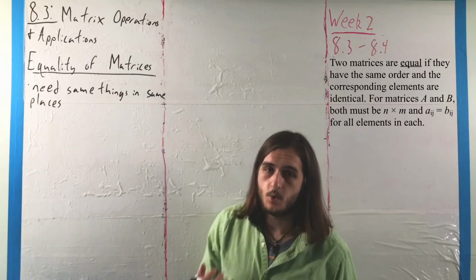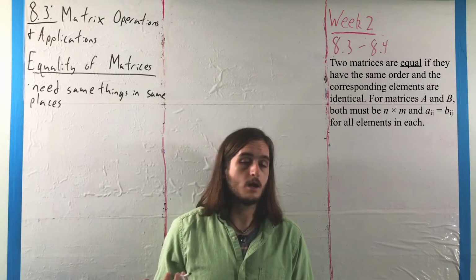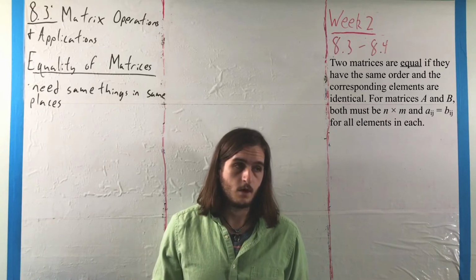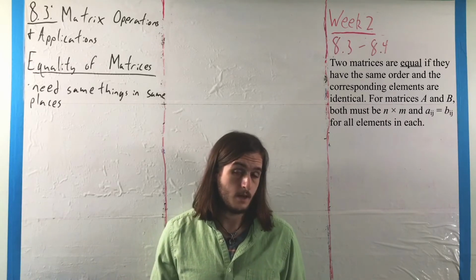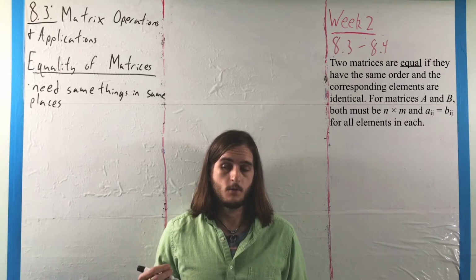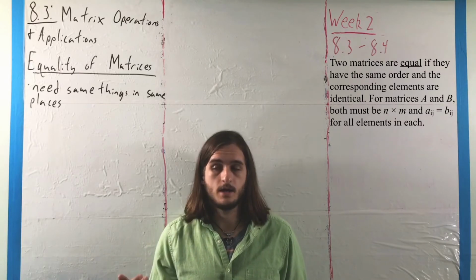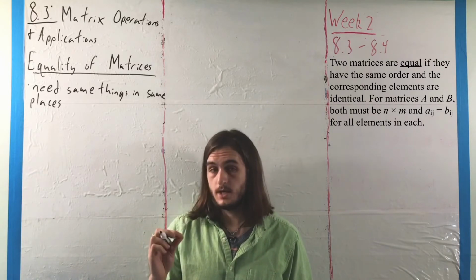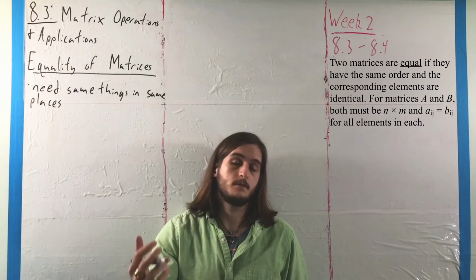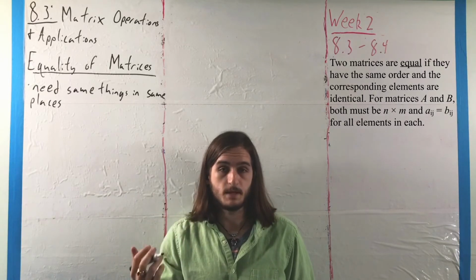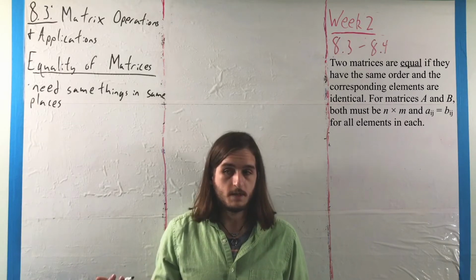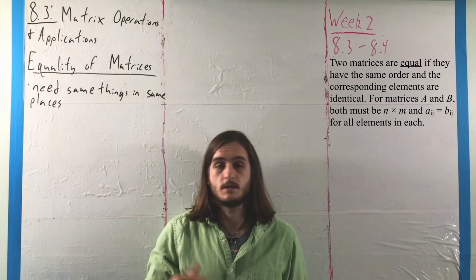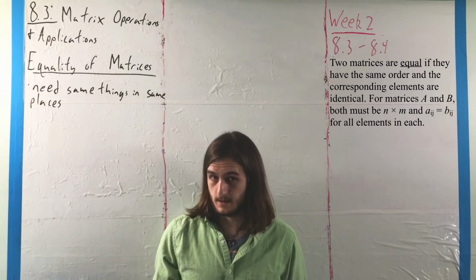More exactingly, we say that two matrices A and B are equal if they have the same order, so all the pieces would fit in the same way, and for element Aij in matrix A, that is some element in position ij in the matrix, Aij is equal to Bij in matrix B. That is, for the pieces in A at the same spots as pieces in B, you get the same thing.